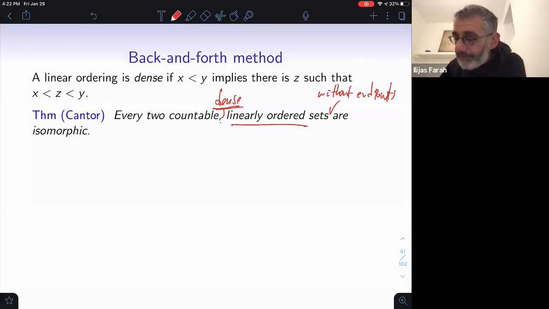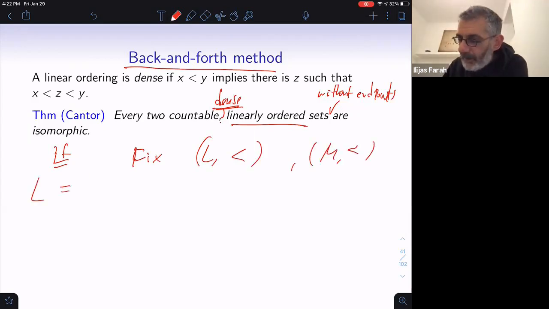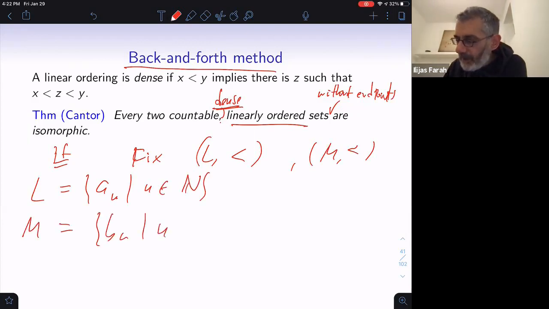And the proof is by this back and forth method. So just fix L with its order and M with its order. Now we can enumerate L as a_n for n in the natural numbers, and enumerate M as b_n for n in the natural numbers.